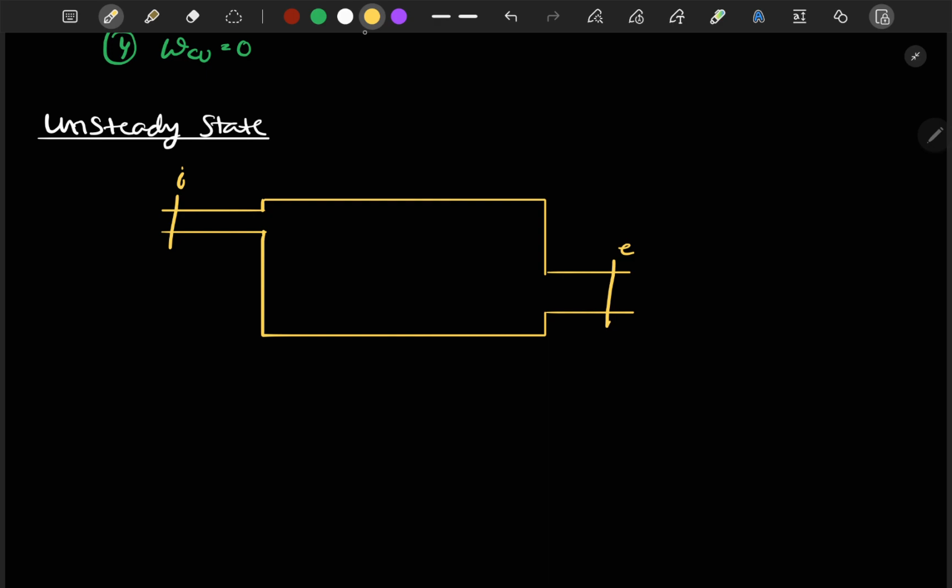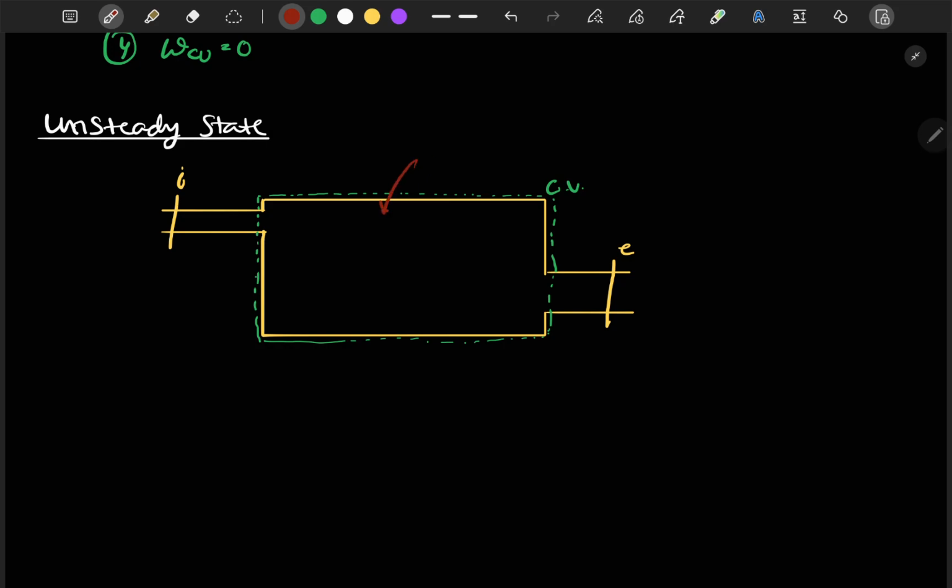Let's say that this is the system. Let's outline our system. This is our area of interest, which can also be called the control volume.